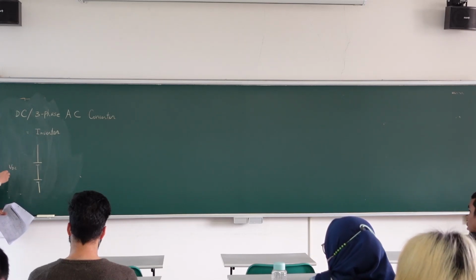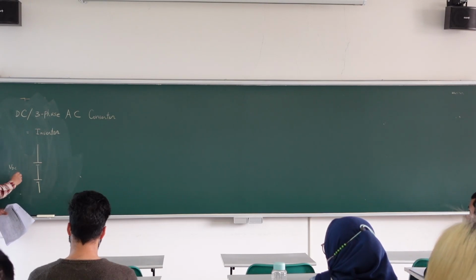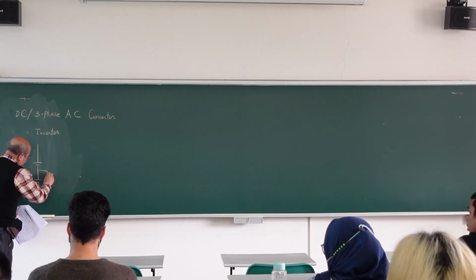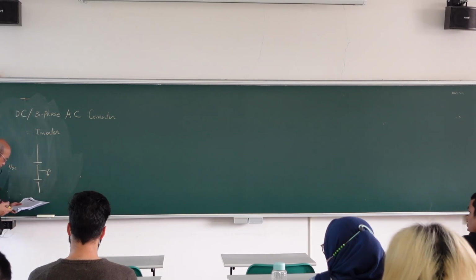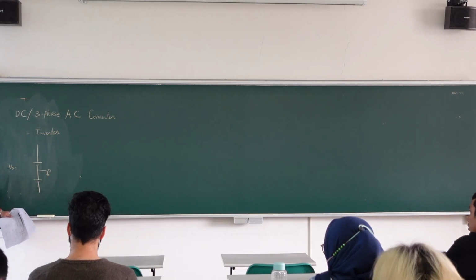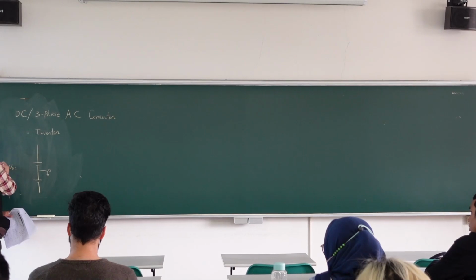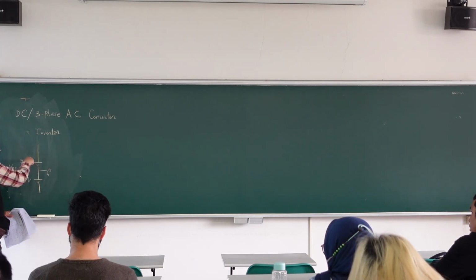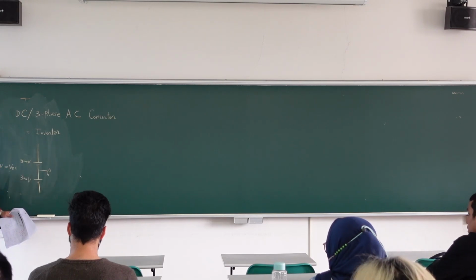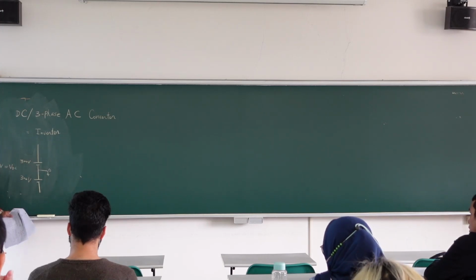So in our mind, we can think the DC has a neutral point, 0 volt or ground. If you have 600 volt, then you can separate it into 300 volt and 300 volt, because 300 volt in series with another 300 volt becomes 600 volt. So we call this ground, or 0 voltage.